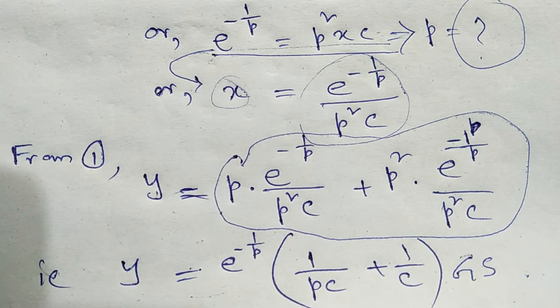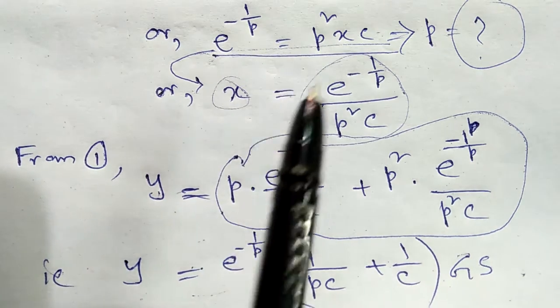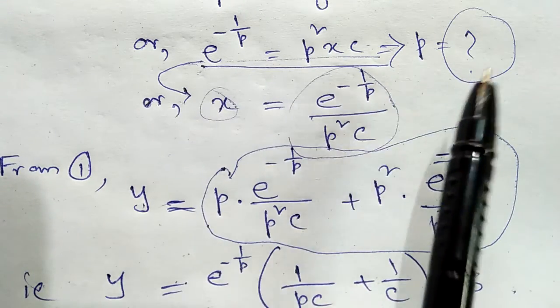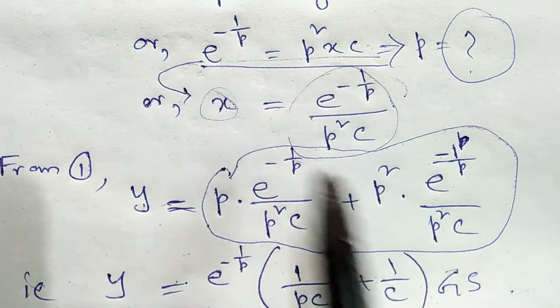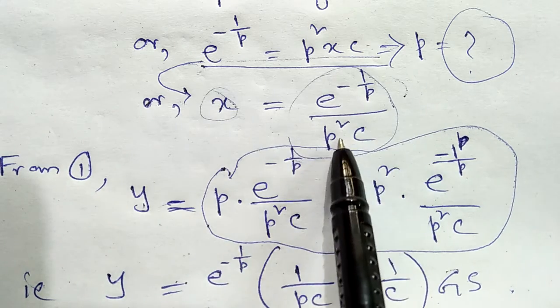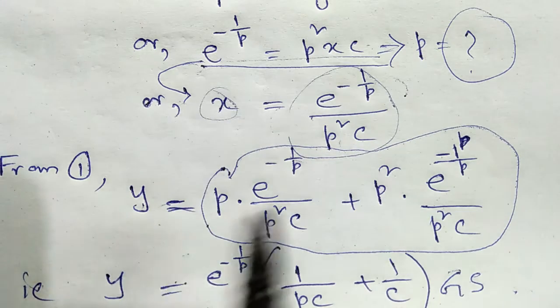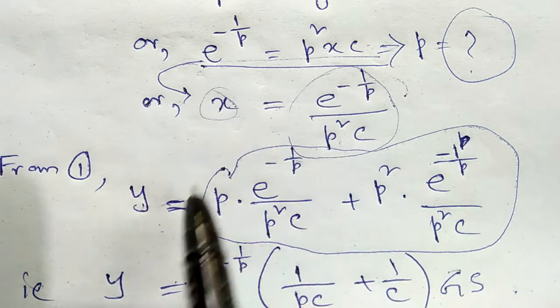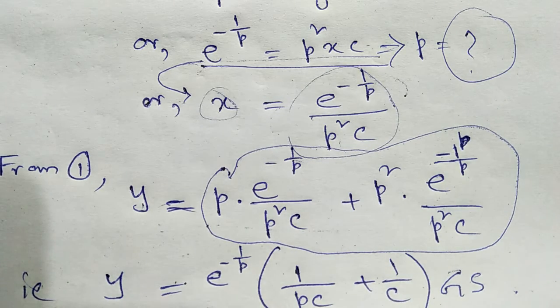In case of the second type of problem, as we cannot find the value of p explicitly, we find the value of x, and the expression is in terms of p. Now putting the value of x in the given equation, we find the value of y, where the expression is also in terms of p and c.